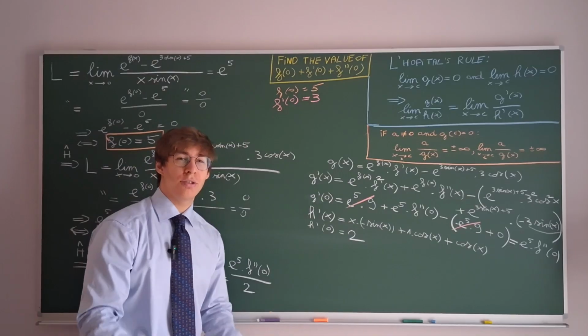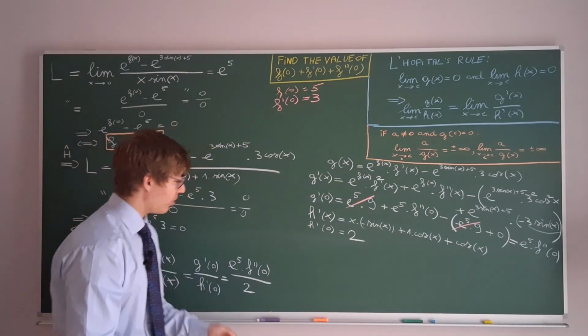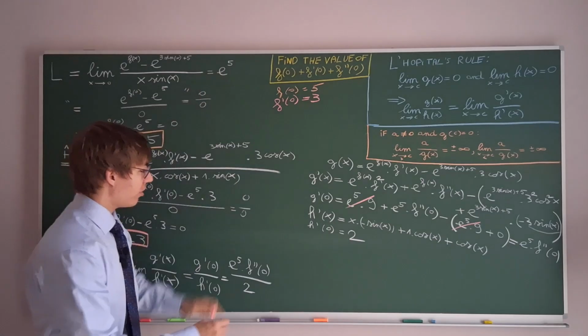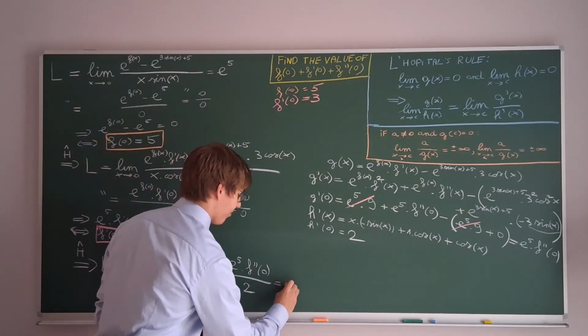So we don't get 0 divided by 0, which is undetermined. We get a real value, and this is equal to e to the power of 5.